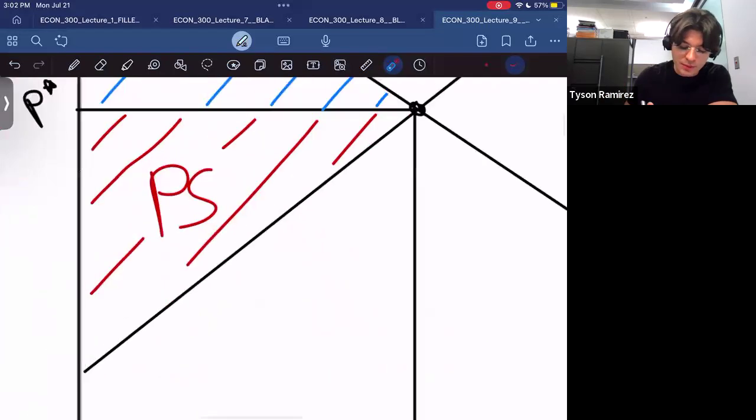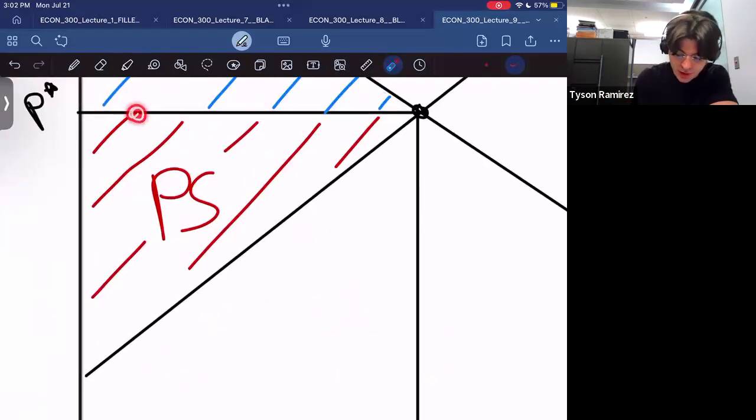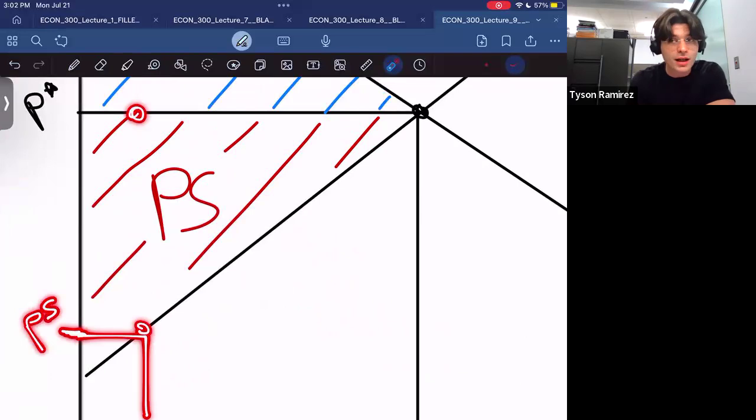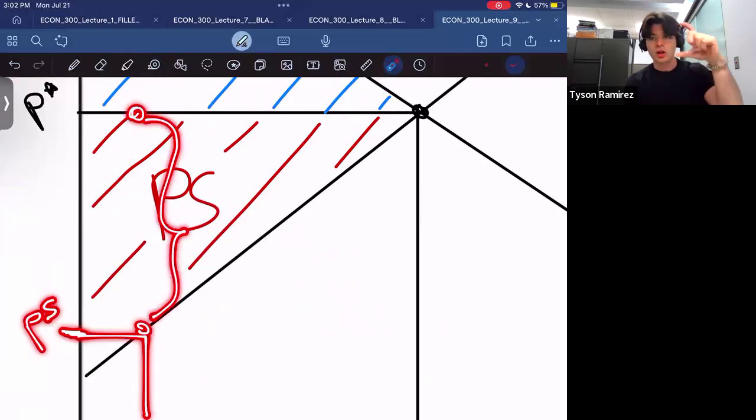It's exactly the same for the producer side of things as well. At this low quantity, producers were willing to sell at this price, but the market price is up here. And so they're earning all of that extra, that price in excess of cost, and that's profit.